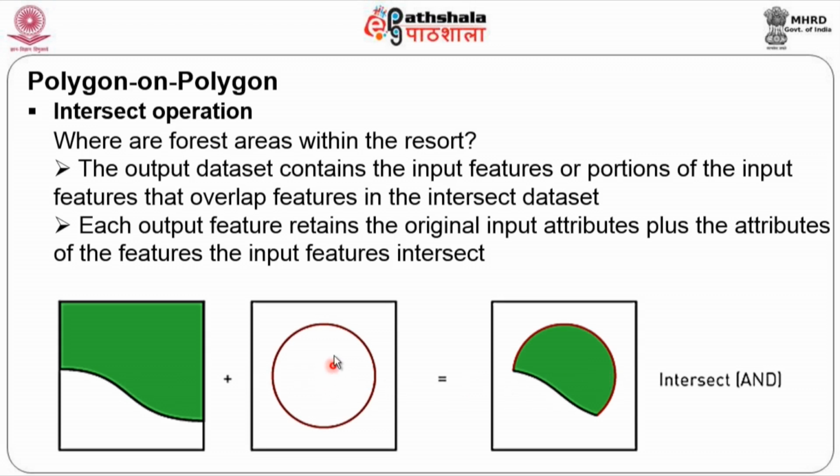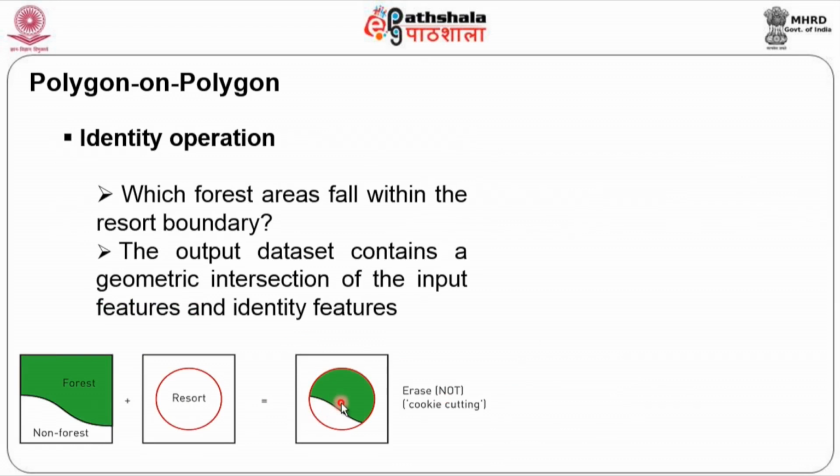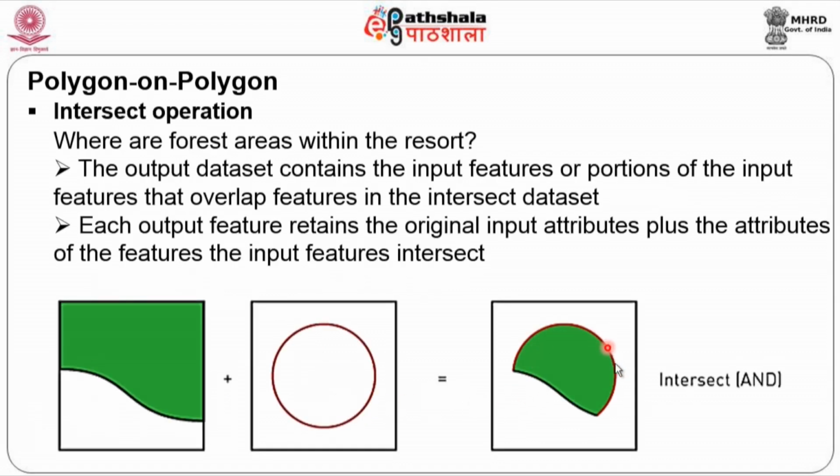So this will contain those forest areas within the resort. Previously you had both resort area and forest area. This will give an exclusive forest area. This will get calculated, and of course, time and again I am telling you, it all depends on what kind of analysis you are making. So you can try to get the details according to your requirement.